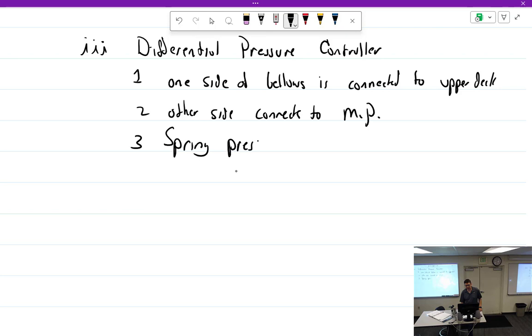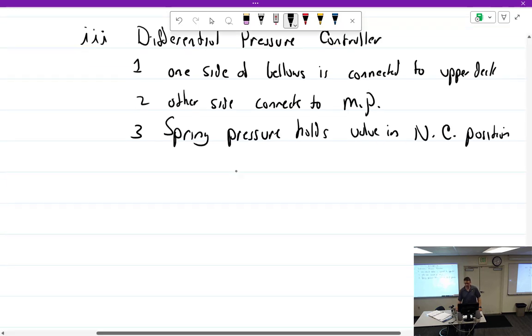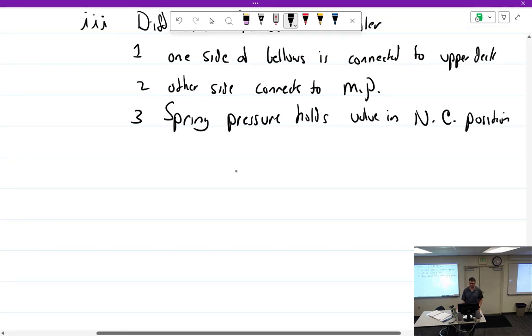Spring pressure holds valve in NC position. What's NC stand for? NC means normally closed, which means spring closed. So it's closed.